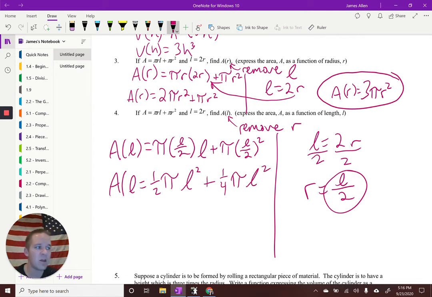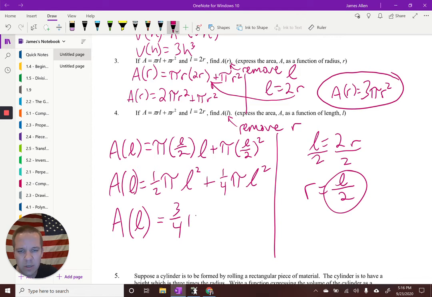And we can leave it like that. We could actually combine these because they are like terms. I missed a parenthesis there. My apologies. Why do I keep almost forgetting parentheses here? I think it's the curviness of the L there that I'm like, I already made a curve. All right. 1/2 and 1/4 would add up together to be 3/4 pi L squared.